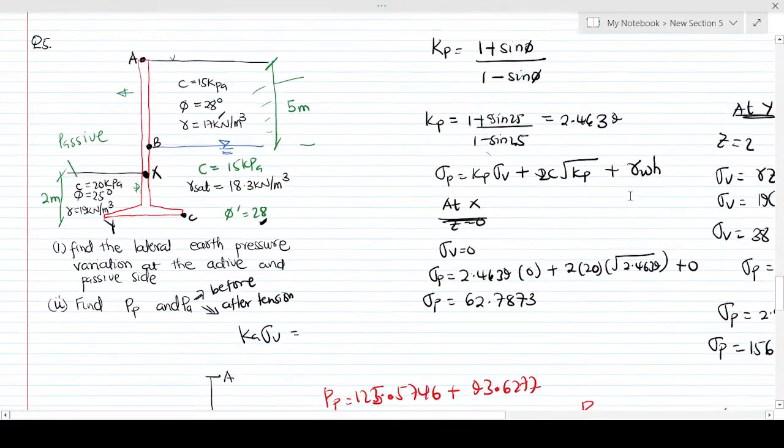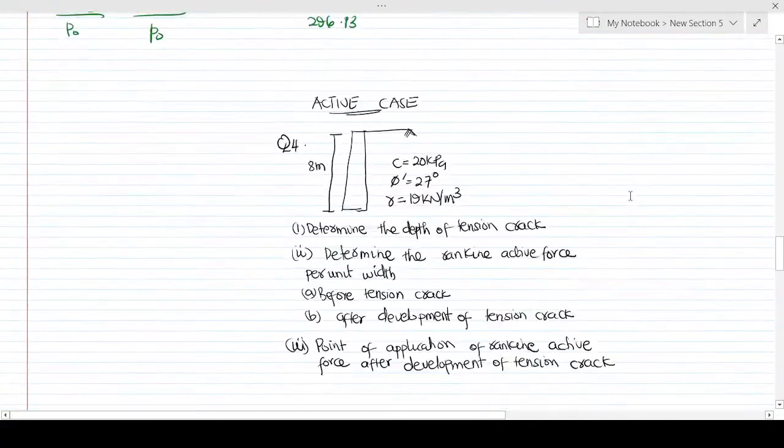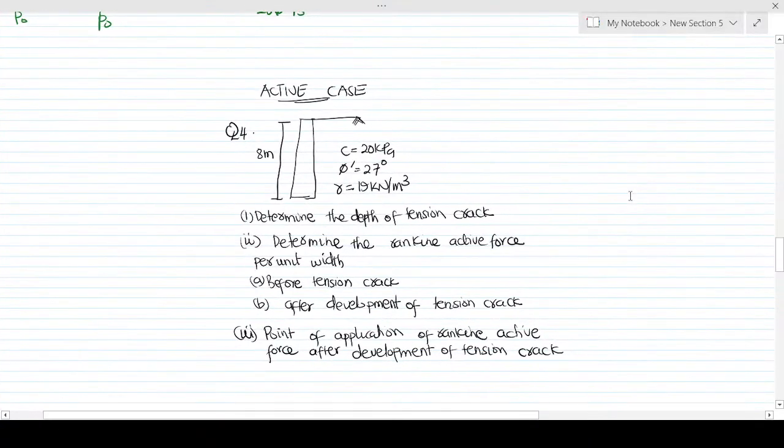So yeah, these are the questions. Now this question, try your hands on them. Let me give you the answers so that when you do it, you can compare if what you did was right or not. So the first one, the depth of tension crack is 3.43 meters.